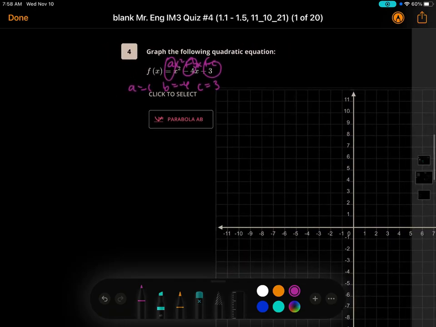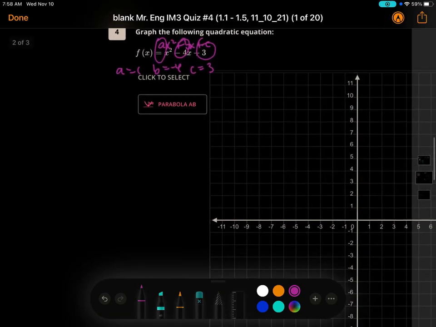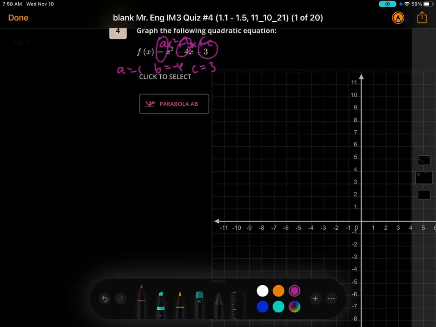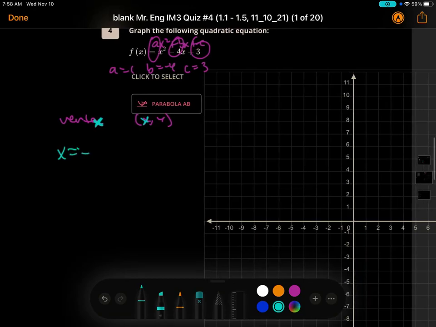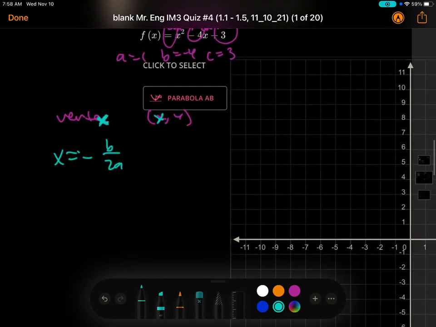And what I would do here is I would just need to find the vertex. Vertex is an ordered pair, x comma y. And I like to use that the vertex is this x formula. X equals negative b over 2a.